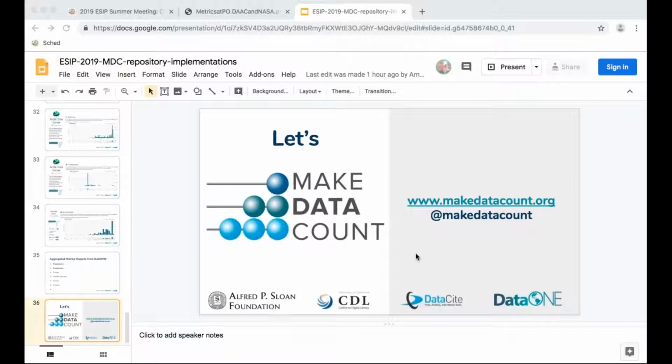But in the first version of Make Data Count, Martin Fenner at DataCite wrote a program called Legato, which does a lot of what Meredith was showing with GeoDeepDive, basically trying to build a system to do text mining and mining of multiple APIs to extract this kind of citation information. And although it was successful, what we found was we ended up running into licensing term problems with many of the sources.